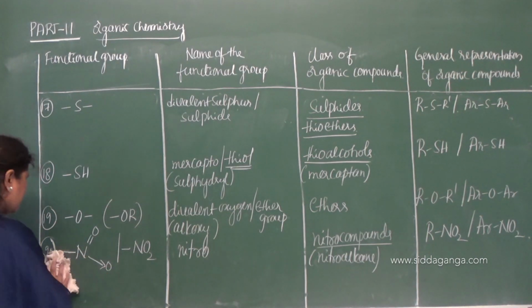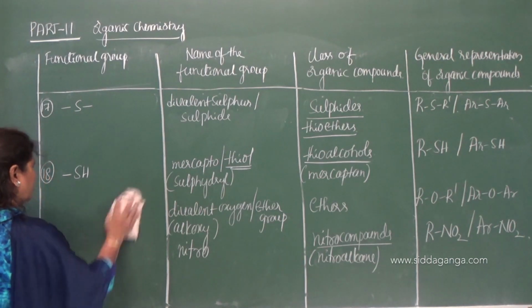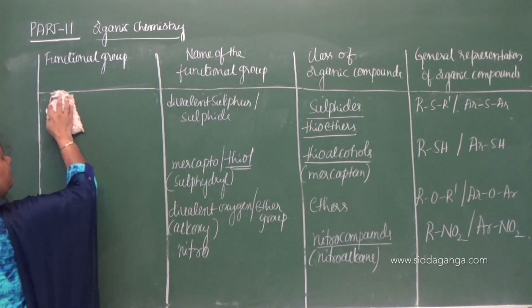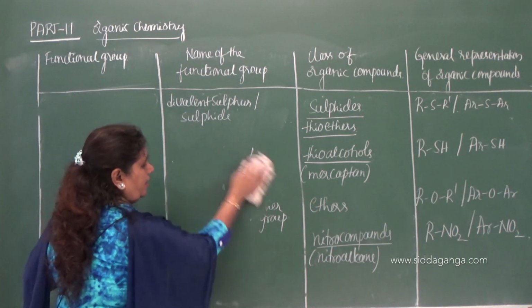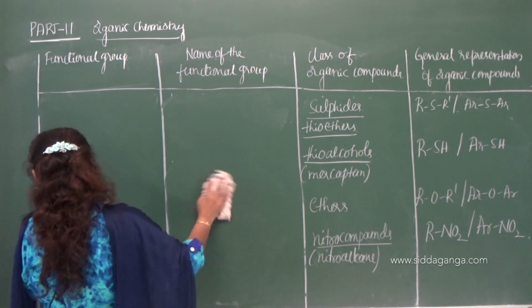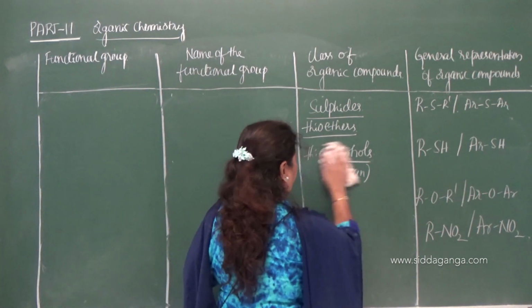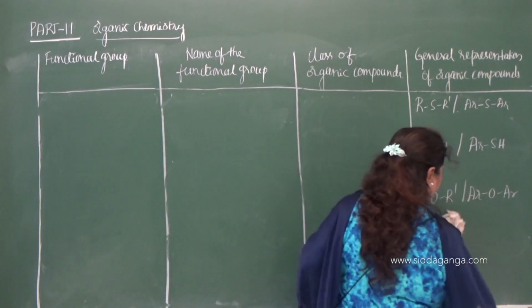It gives one more functional group. So the number of nitrogen and oxygen atoms is the same, but the nature of the functional group is different. I'll give the next class of organic compound based on the functional group.